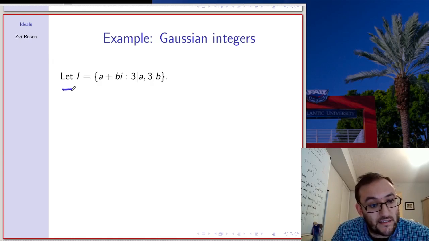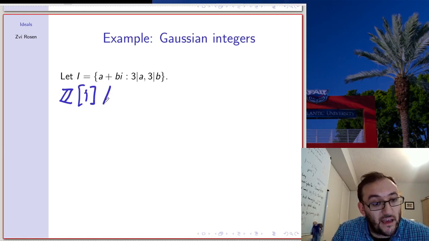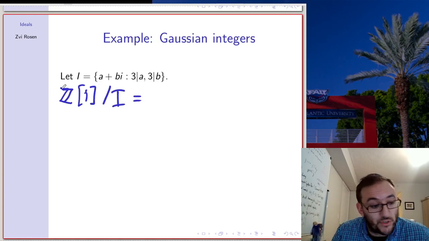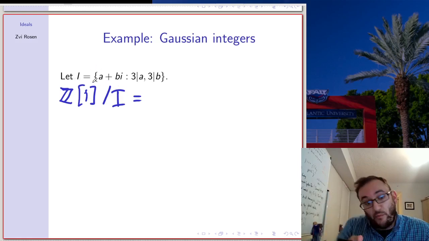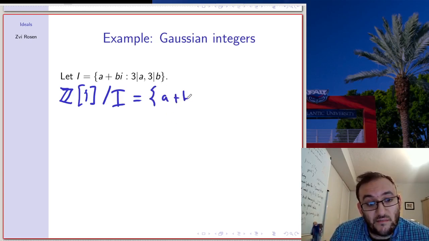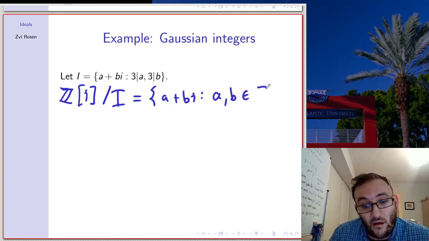So we're going to consider Z adjoin i mod I. Just set theoretically, if you're modding out by real part divisible by 3 and complex part divisible by 3, this should look like a plus bi, where a and b are both in Z mod 3.